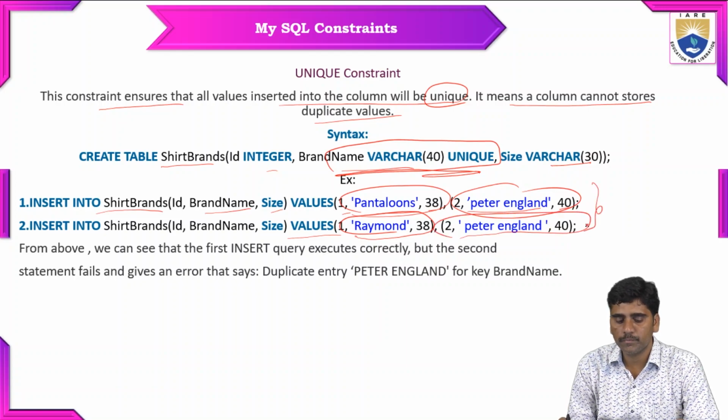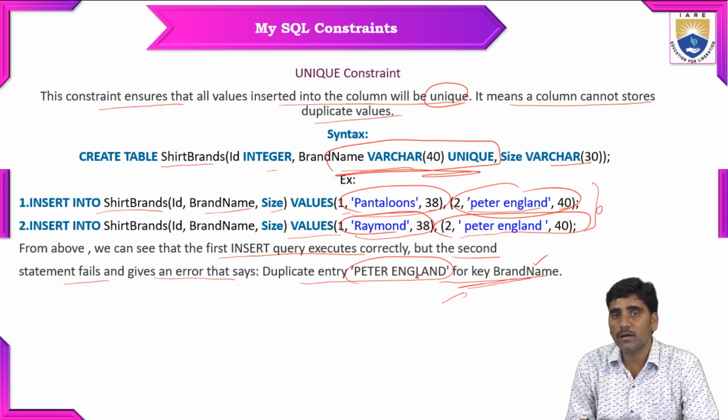At this moment, from above, we can see that the first insert query executes correctly, but the second statement fails and gives an error that says what? Duplicate entry Peter England for key brand name.